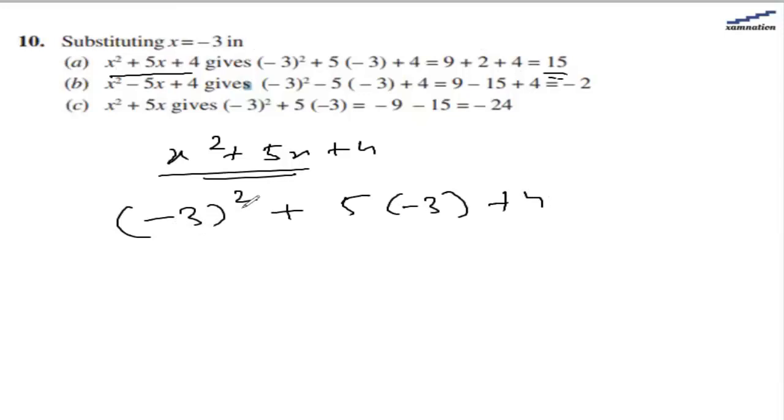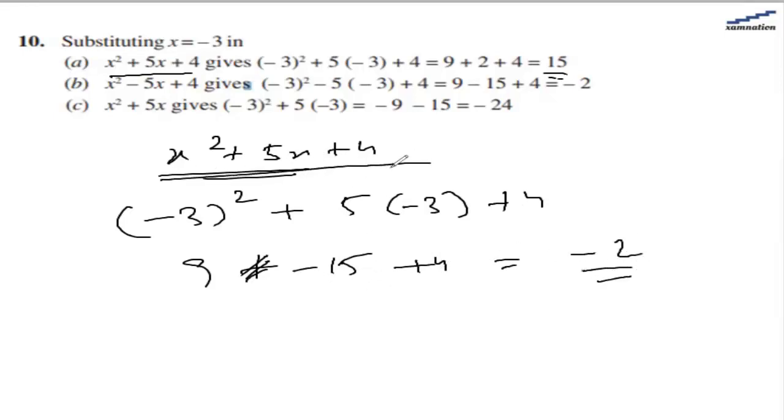So minus 3 raised to 2 is 9 and 5 multiplied by minus 3 is minus 15. So this should be minus 15 and plus 4. So it should give us 13 minus 15, that is minus 2. So the answer for the A part should be minus 2 instead of 15, which is wrong.